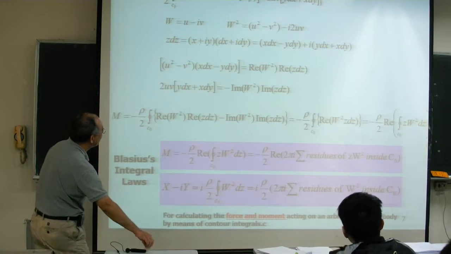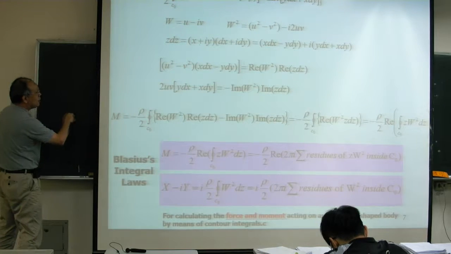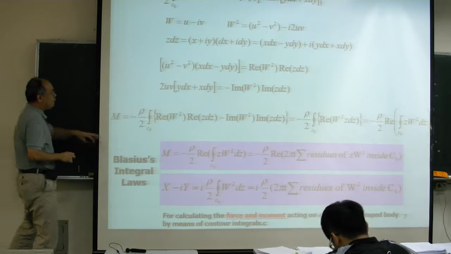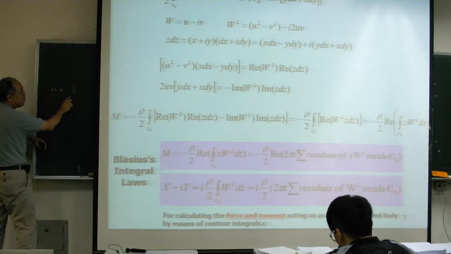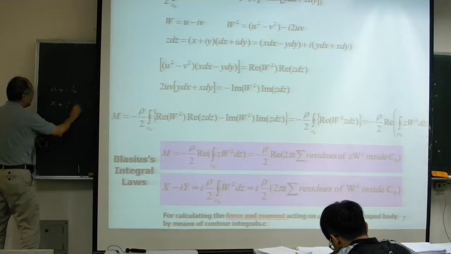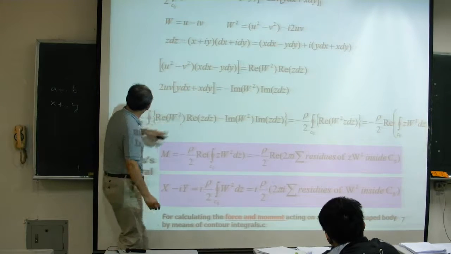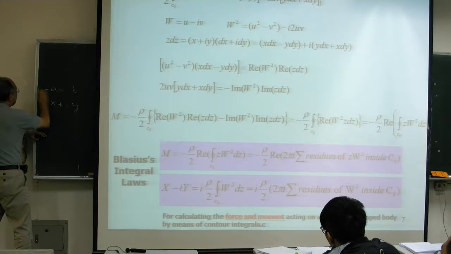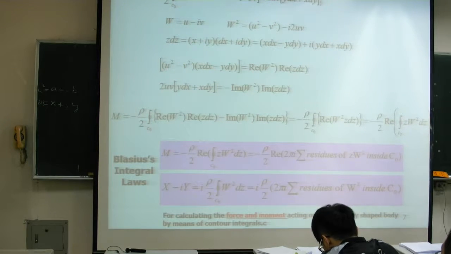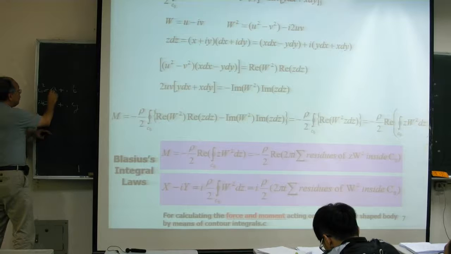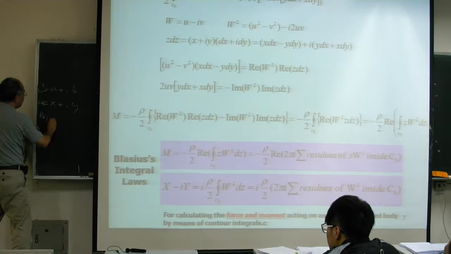You can see, using something very simple, a plus ib is our first term, and x plus iy is the second term here. So for this, this is W squared, and this is Z, can you see that? So imagine you take the real part of W squared Z dz.